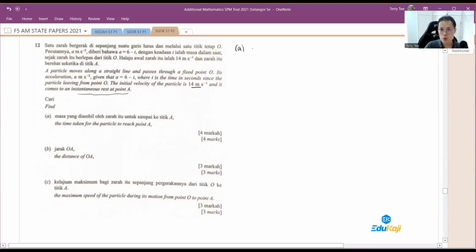Now, the problem is we don't know your velocity. So remember, we have to integrate acceleration to find velocity. So as I integrate, I get 6t minus t squared over 2 plus c. Initially, when you start the clock, the particle has a velocity of 14. So your v is 14.